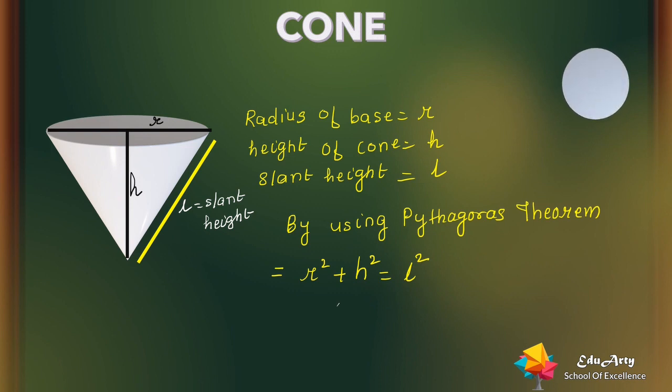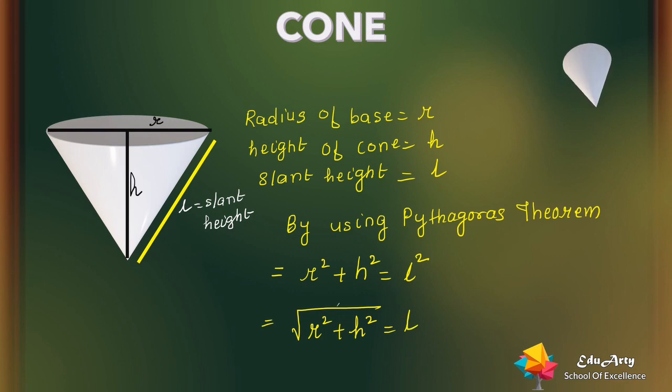If you want to find L, then we take the square root on both sides, and that becomes our first formula of this shape: the square root of r square plus h square is equal to L. This is the first formula you have for a cone. This formula we will use in solving all our cone related questions.